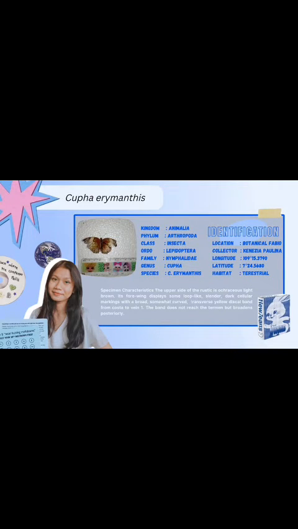The underside of the wing is much paler, and the discal band on the forewing is pale, and the black lunules on the apical area are replaced by pale brownish ochre. The color and the pattern of this Cupha erymanthis depend on the habitat that it lives in.